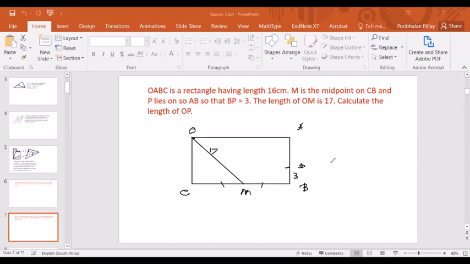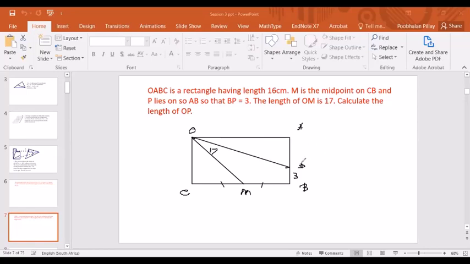And the problem is to calculate the length of OP. Okay, so that is the question. And let's see what Alexis has to tell us.